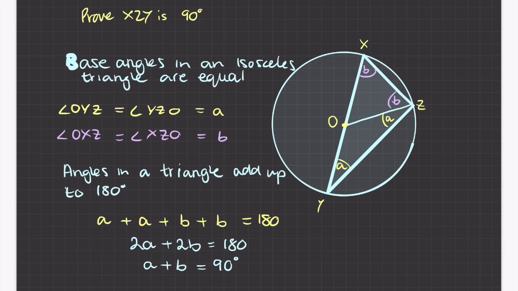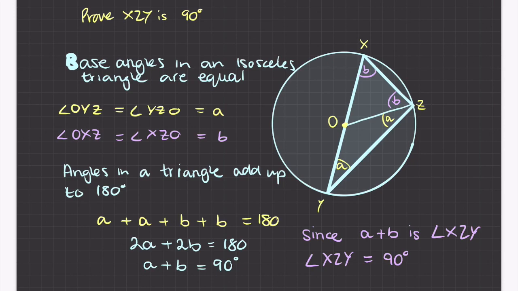So what we'll do is finalize this and write: since A plus B is angle XZY, angle XZY equals 90 degrees.